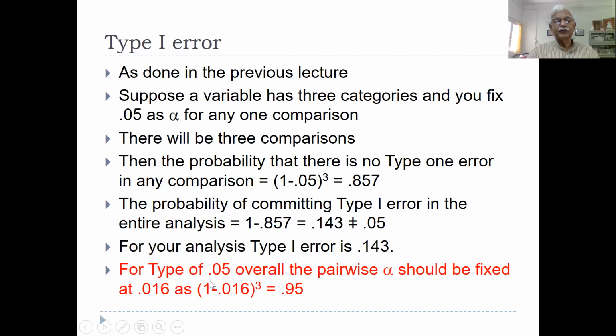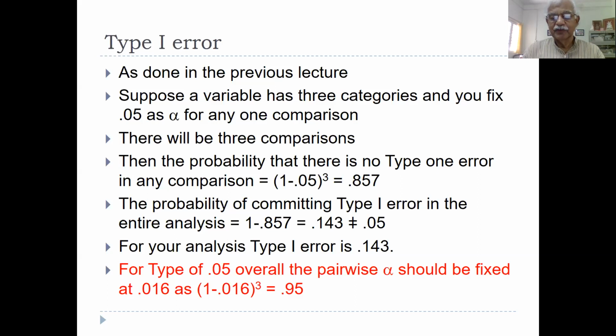For a type 1 error of 0.05 overall, alpha should be fixed at 0.016. If your alpha, meaning type 1 error in any one comparison, is 0.016, then only will the type 1 error of the entire analysis be 0.05.